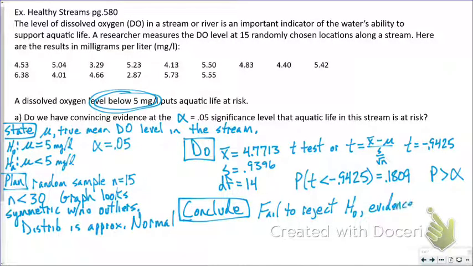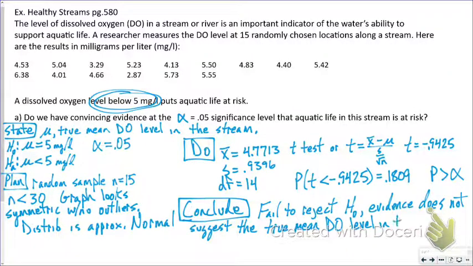Evidence does not suggest the true mean DO level in the stream is less than 5 milligrams per liter. So that's my traditional conclusion.